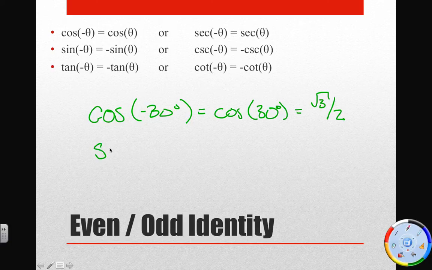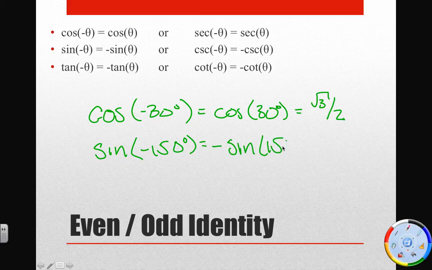Likewise, I could say, hey, what is the sine of negative 150 degrees? Well, that would just be the opposite of the sine of 150 degrees. And we figured out the sine of 150 degrees is what, half? So the sine of 150 is 1/2, but now it's negative 1/2. And we can just use this in any way.